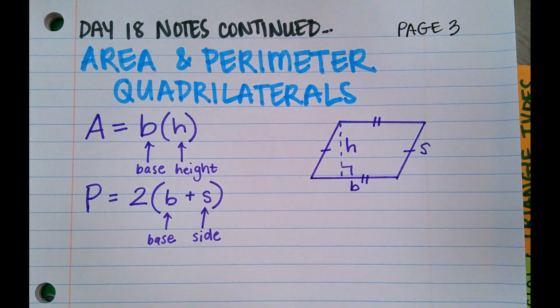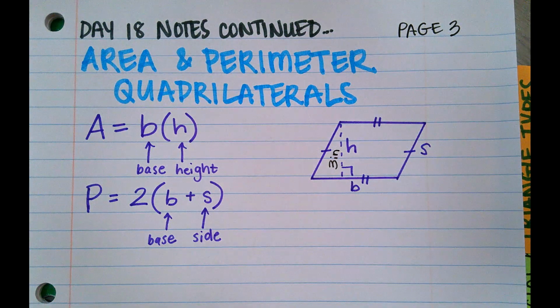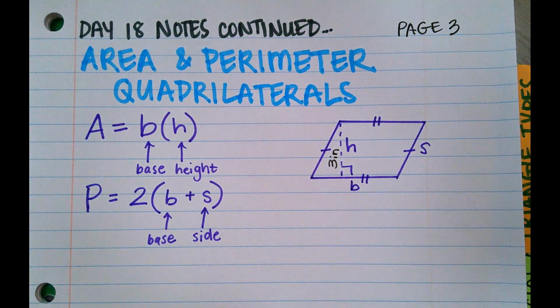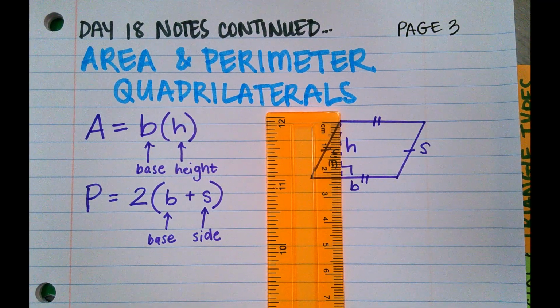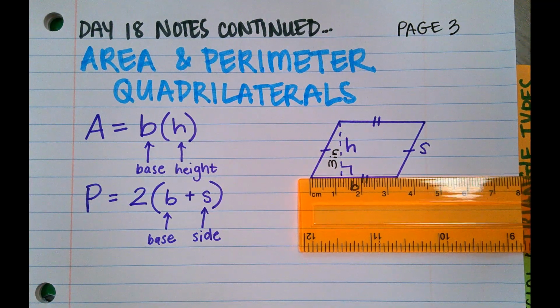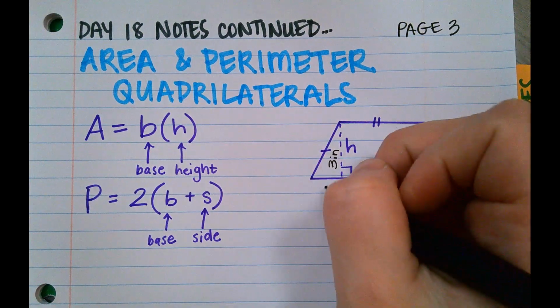So for this parallelogram that we've drawn, and now using these formulas, what if my parallelogram has a height of 3 inches and a base of, I'm not going to make it accurate actually.